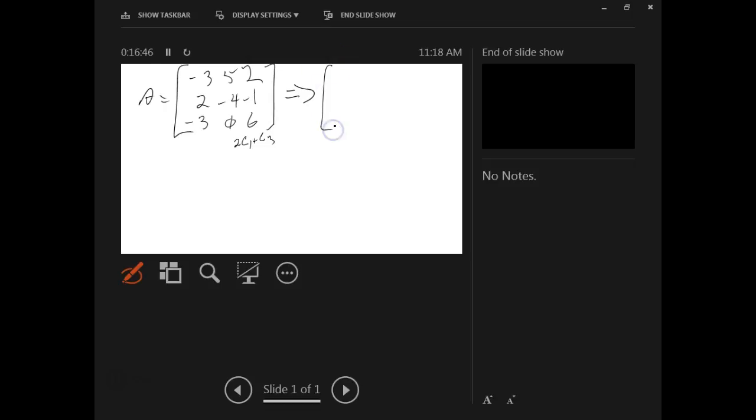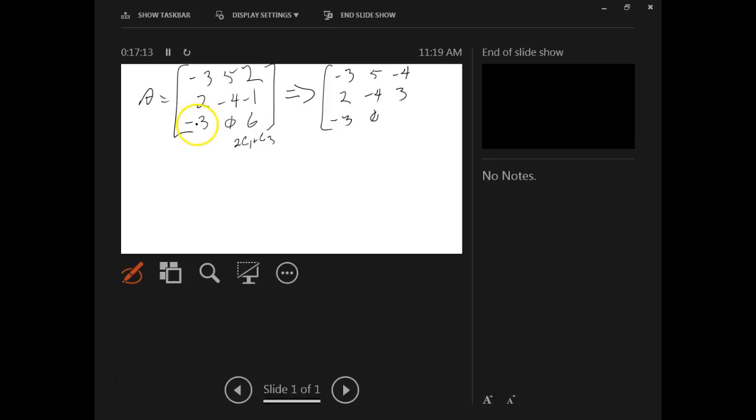We're leaving the first column alone, negative 3, 2, negative 3. Leaving the second column alone, 5, negative 4, 0. The third column now becomes 2 times negative 3 is negative 6 plus 2 is negative 4. 2 times 2 is 4 minus 1 is 3.